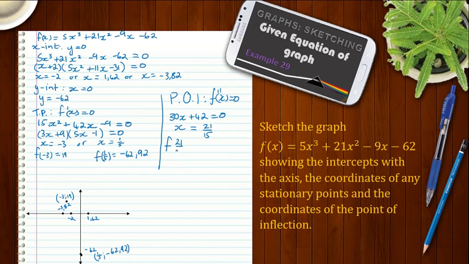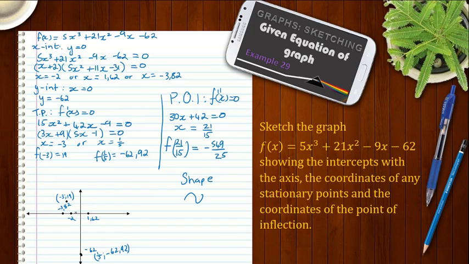So I've got 21 over 15 substituted into my original graph, gives me an answer of negative 549 over 25. Right, and then the shape, since the a value is positive, our shape will end positive, so that's what our shape will look like.